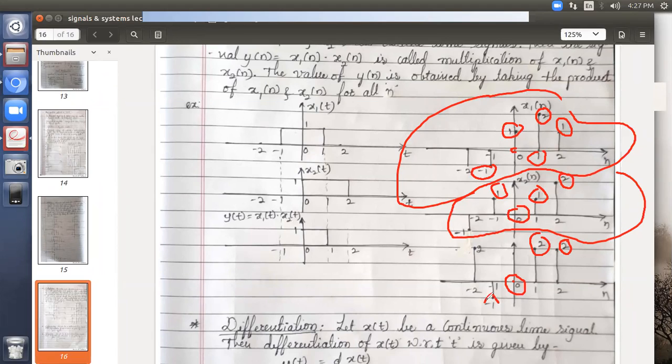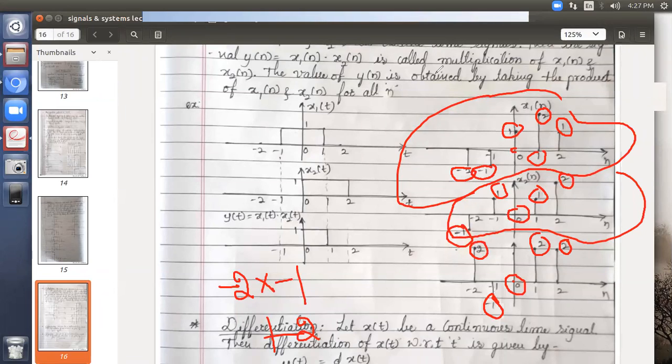So on the negative side, you should get a line of minus 1 amplitude. Then if you take minus 2 and minus 1, what is the multiplication of minus 2 and minus 1? It is minus into minus, you will get plus, plus 2. That's why here it is on the positive side, plus 2.